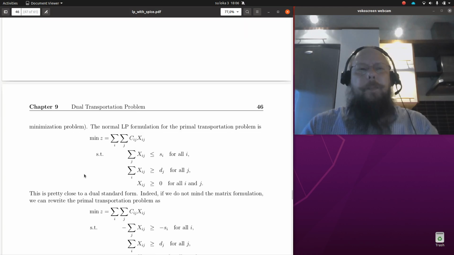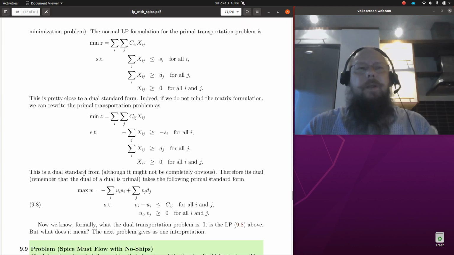So we start with the normal formulation of the primal transportation problem. I think it's good to see this again, just to see what it looks like. We have to minimize the total transportation costs such that the supply constraints are true for all the sources, demand constraints are true for all the destinations, and we have the sign constraints.